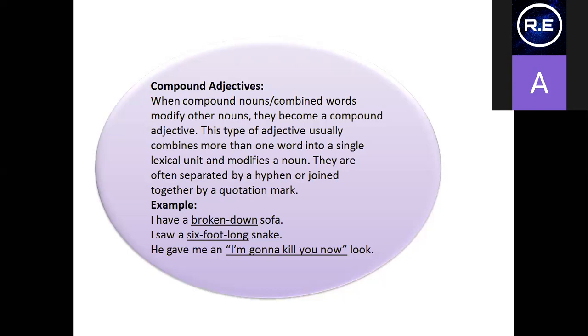He gave me an I'm-going-to-kill-you look. Because we say it with expression, it describes the manner he looked at me. He never said it. It's my conclusion. I concluded that just looking at his eyes, oh, he's gonna kill me.